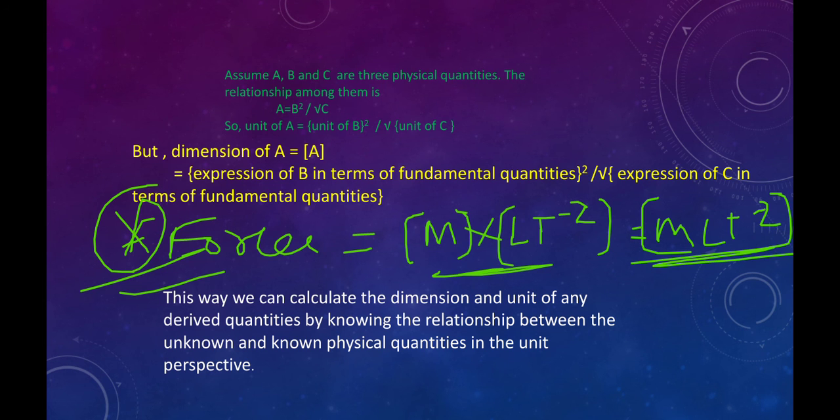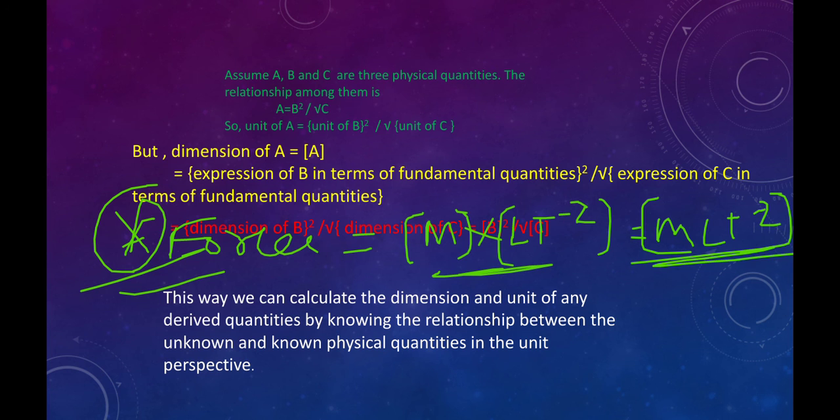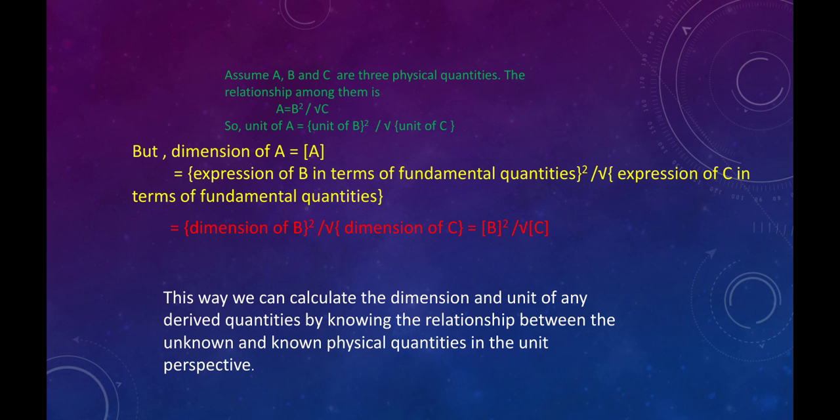So this way we can calculate the dimension and unit of physical quantities, and in the unit perspective we have to know the relationship between unknown and known quantities. Okay, thank you.